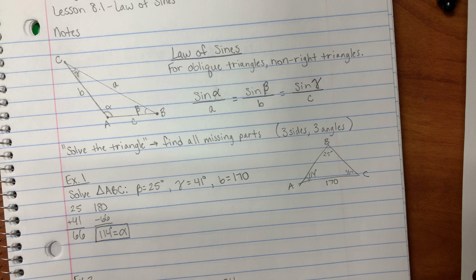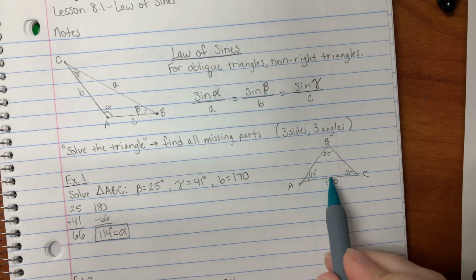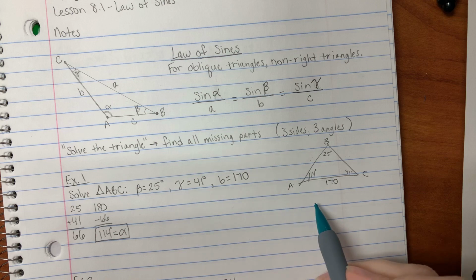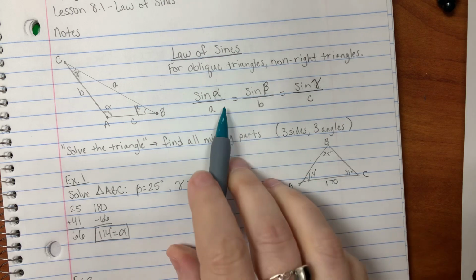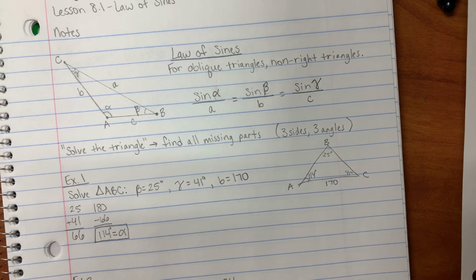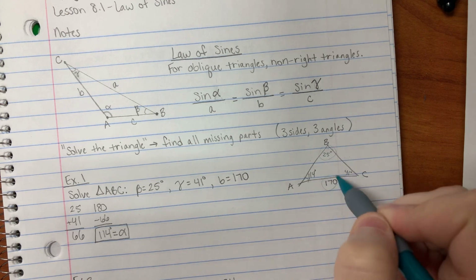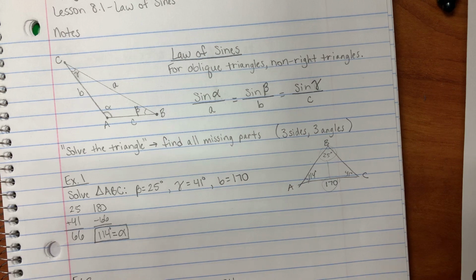Okay. So then how do I deal with the sides? Because it's not a right triangle, I can't use the Pythagorean theorem or anything like that. So instead, I'm going to use the law of sines. I definitely know this one and this one, they match up together, right? So if I'm going to use law of sines, I for sure have to use that one.